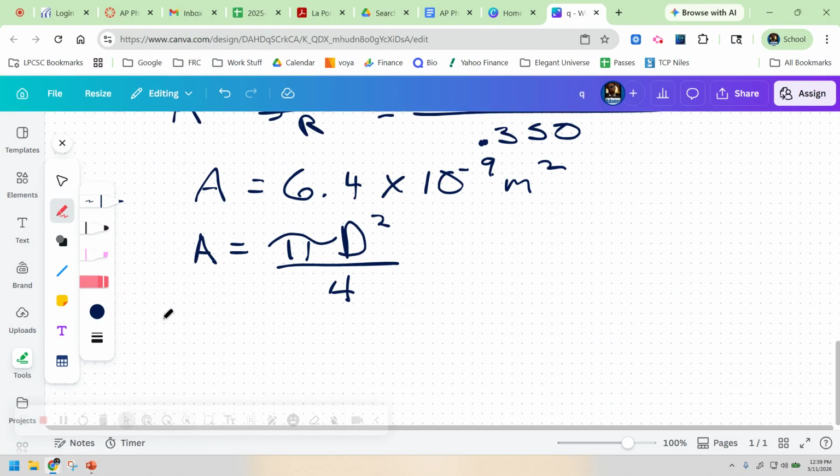Okay, so to find the diameter, I'm going to multiply both sides by 4. That cancels, right? And then I have 4 times the area is equal to pi D, diameter squared. So I divide both sides by pi.